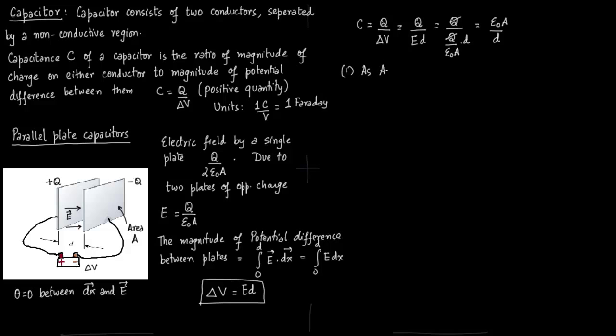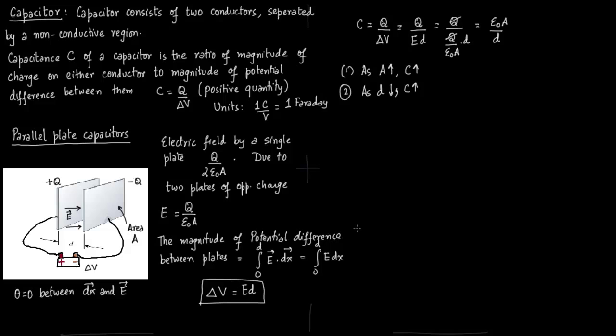So the first thing is, as area increases, capacitance also increases. Number two is, as distance becomes smaller and smaller, the capacitance increases.